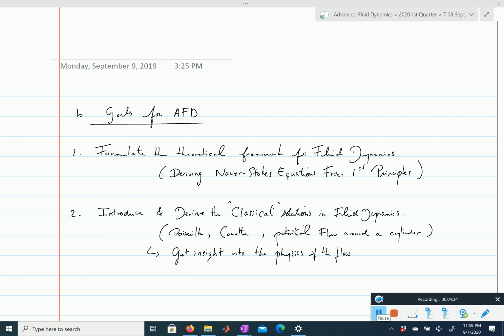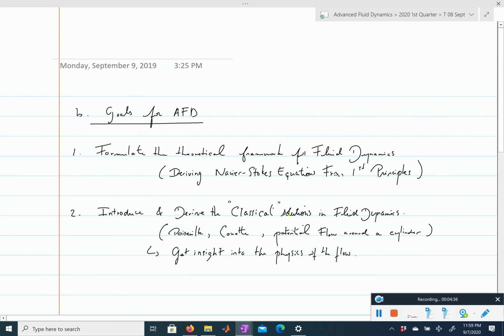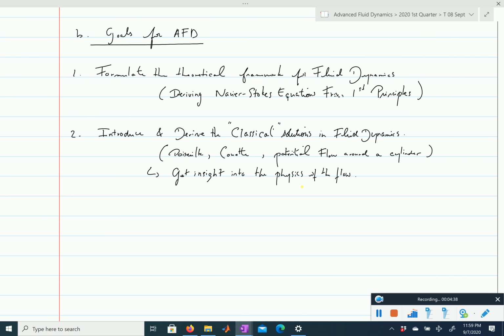And once we've done that, so once we have the Navier-Stokes equation and we've derived really the key important classical solutions for different flow regimes, that should lay the foundation for more topical courses. So IFD is the foundation on which you can build and then later take classes in compressible gas dynamics or in turbulence or in multi-phase flow.